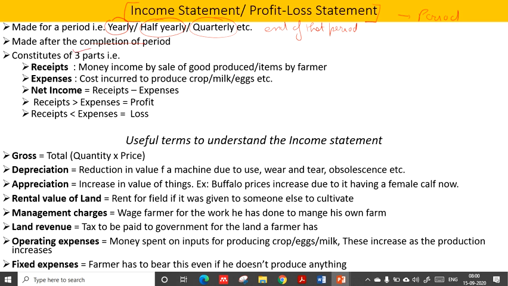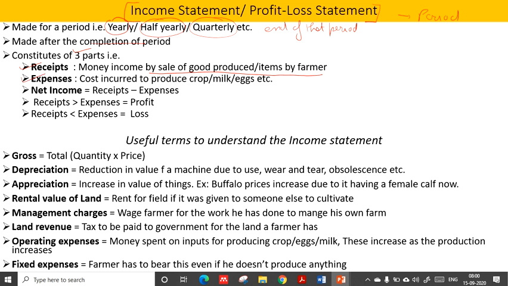Just like the assets, liabilities and net worth, it has receipts, that means money income by sale of goods produced or items by the farmers. Receipts is, you can just think like that, the money you will be getting by selling the things you are producing. Okay, these are receipt, the money received.